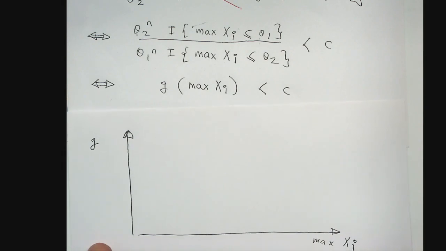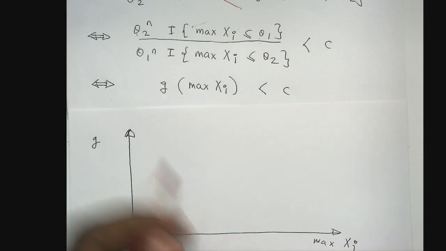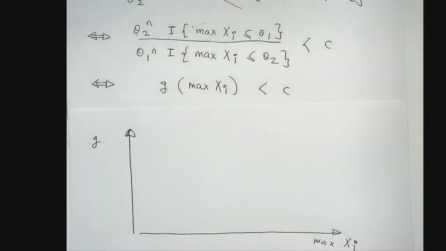So basically I'm graphing this function versus the max of Xi. Now suppose this is theta 1, and suppose this is theta 2.